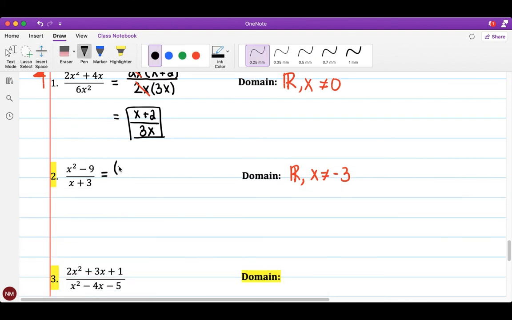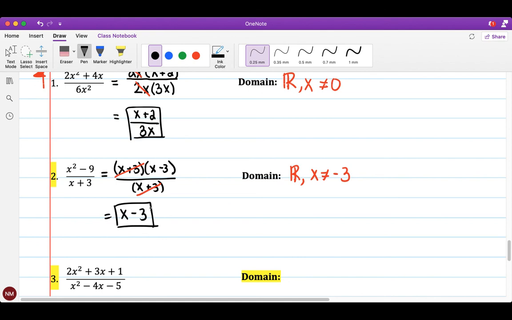X squared minus 9 is x plus 3 times x minus 3, over x plus 3. That was a difference of squares. I'm going to put this in parentheses so we can see x plus 3 and x plus 3 cancel out, where my final answer is just going to be x minus 3.